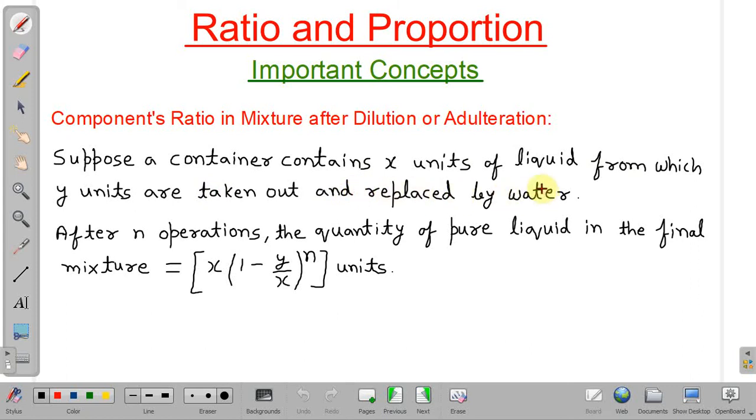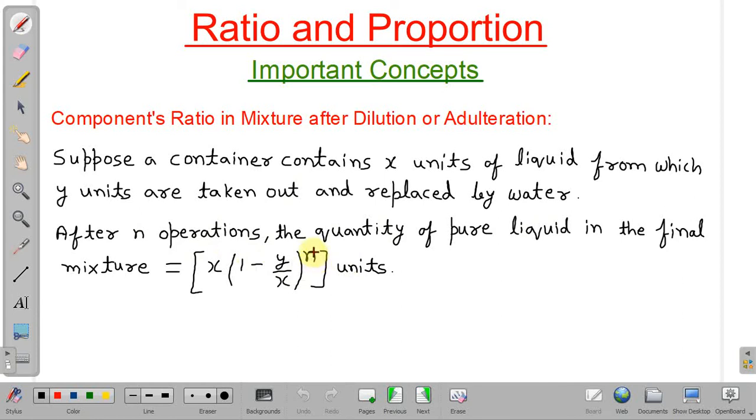The amount taken out is replaced by water. After n such operations, the quantity of pure liquid in the final mixture will be x into 1 minus y by x to the power n units. n is your number of times of operations.